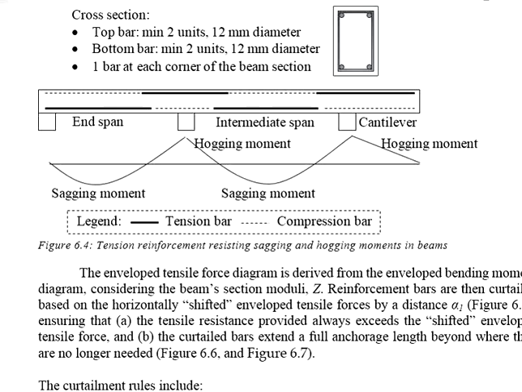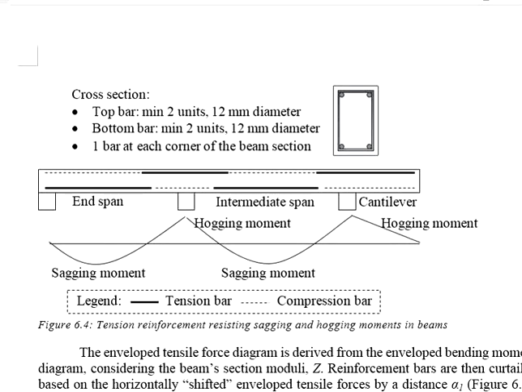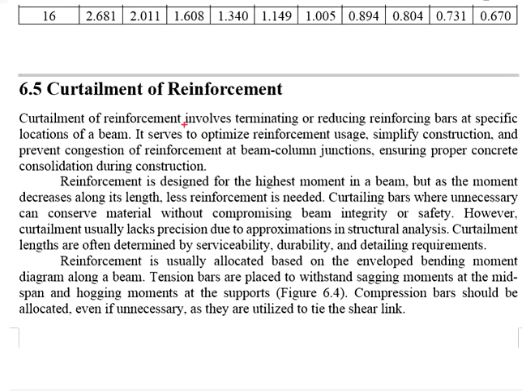That will reflect to you where you're supposed to put the reinforcement and how much reinforcement is required. At the regions which are unnecessary, the amount of reinforcement may be reduced. By doing this, curtailment of the reinforcement will not compromise the integrity and the safety of the structural element.